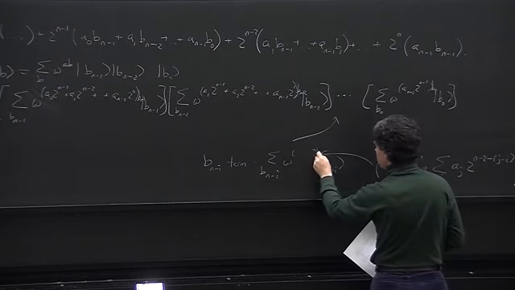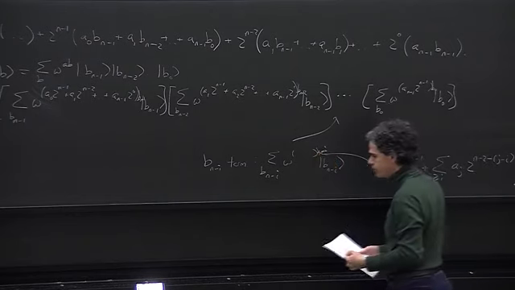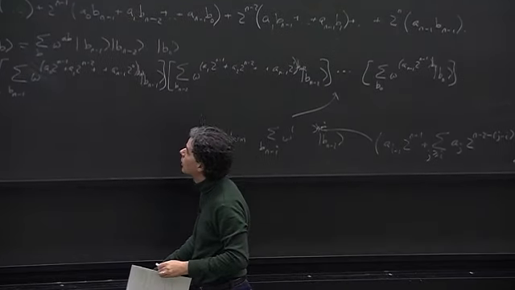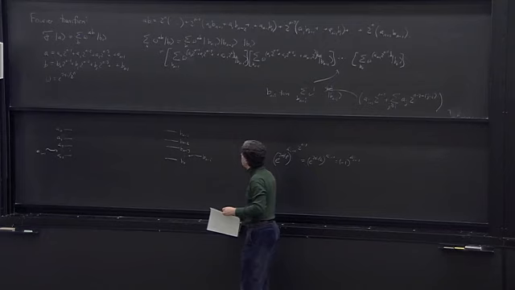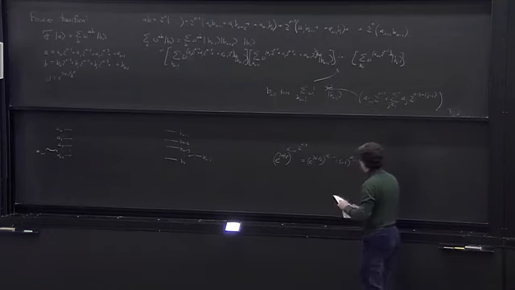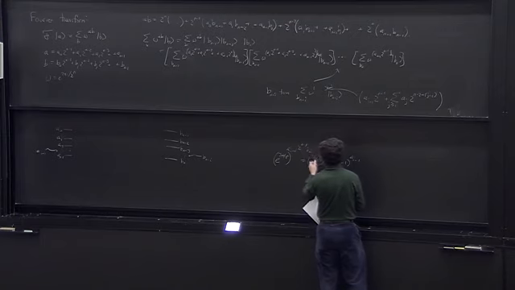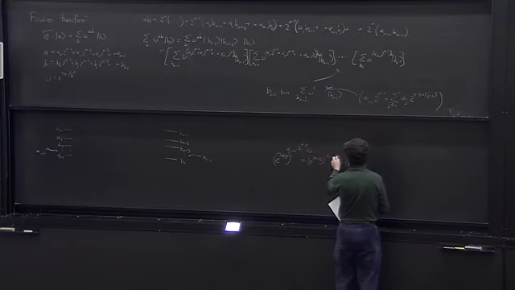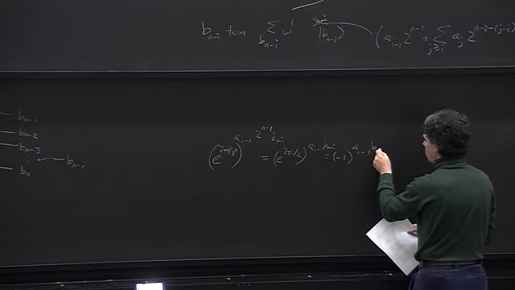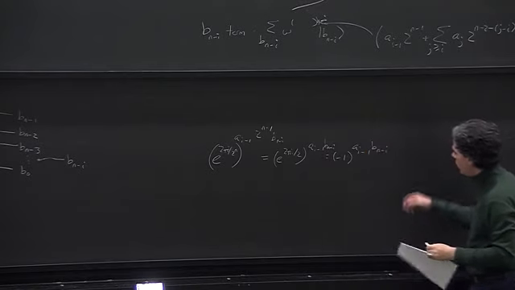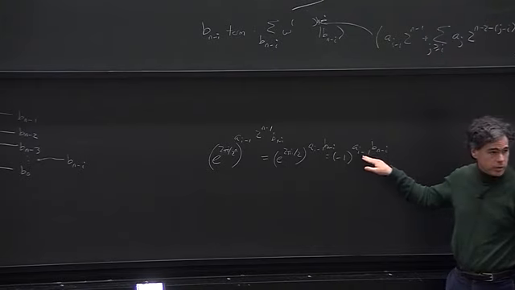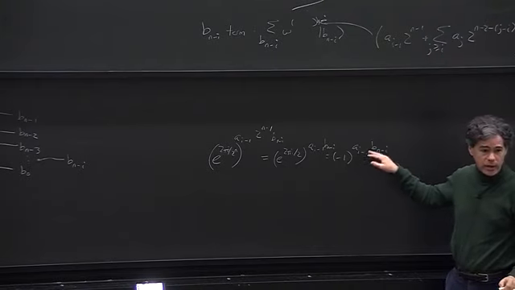And so this thing has a b n minus I. So it's not just whether a is 0 or 1.